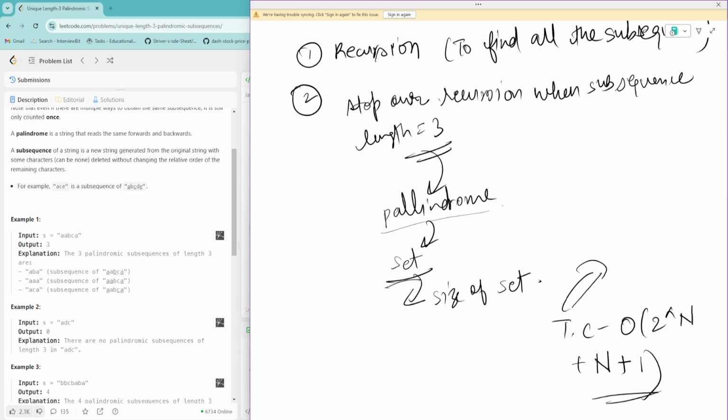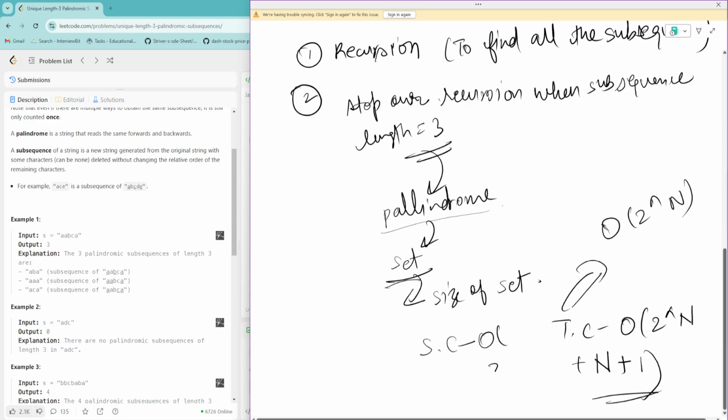The overall time complexity would be 2 raised to power n, and the space complexity would be, since we are using a set, order of 2 raised to power n at worst case.